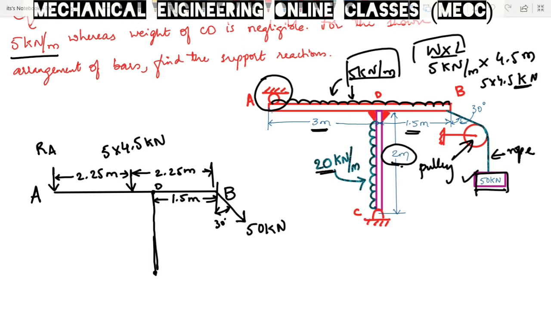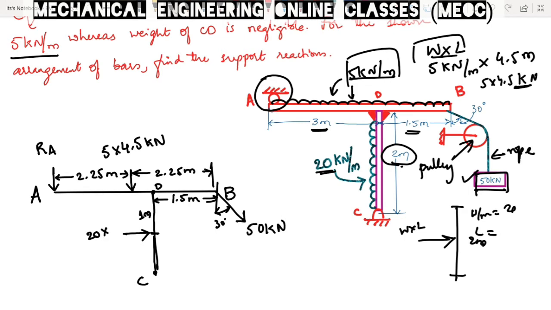The resultant of this UDL on CD, for the total length of 2 meter, with weight per meter 20, will be W into L, acting at the midpoint of CD. So CD length is 2 meter, so from D at 1 meter towards C, there will be a load which is 20 into 2 kilonewton.